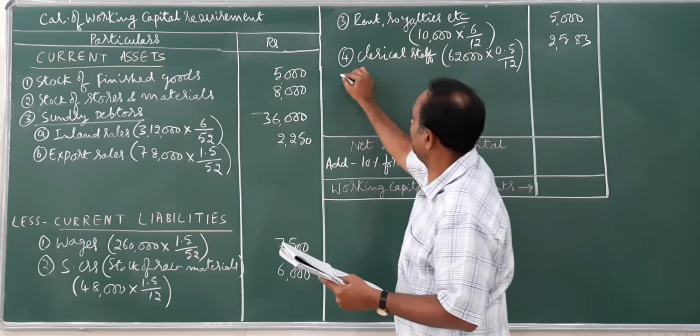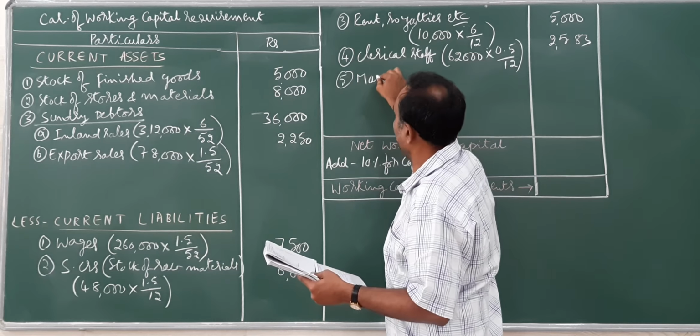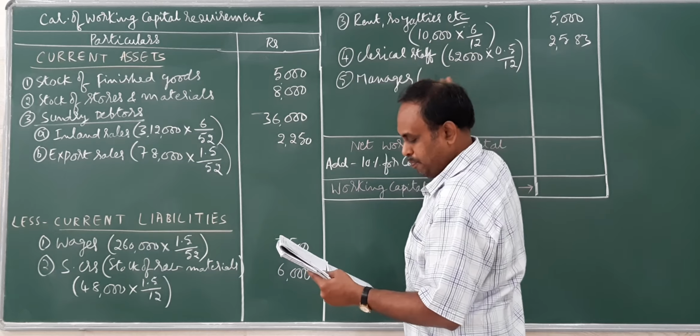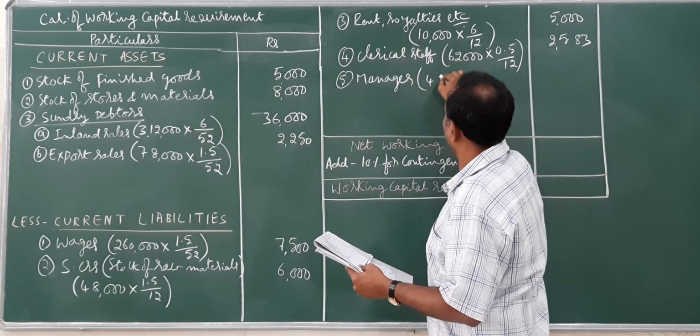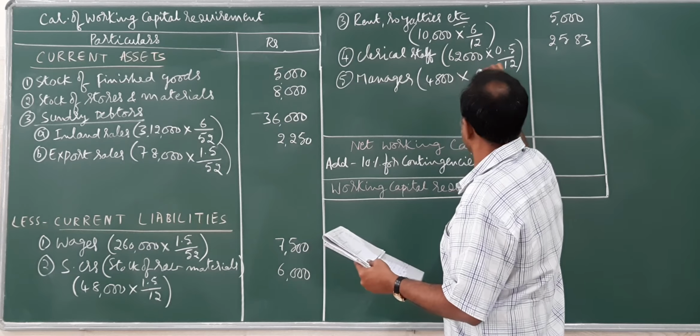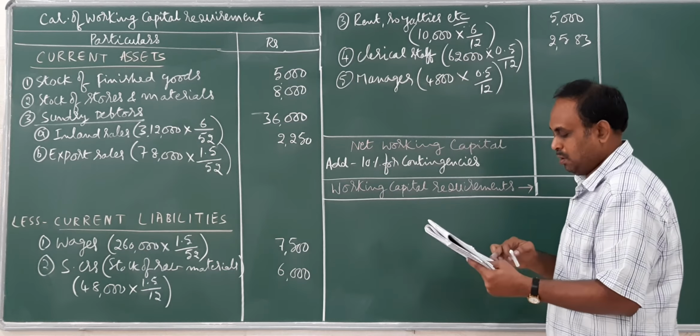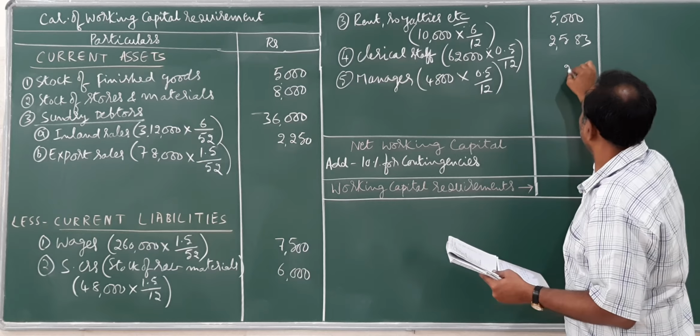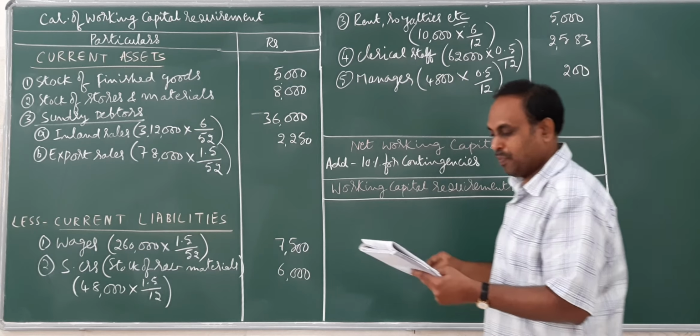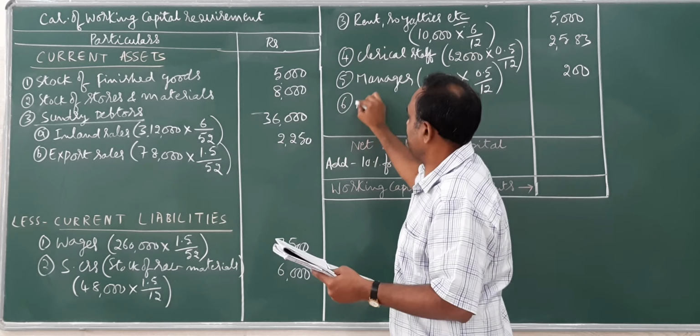The next one is payment to manager. That is also a salary, current liability, 4,800 rupees for again half a month lagging period. So that amounts to 200 rupees. Next is miscellaneous expenses.